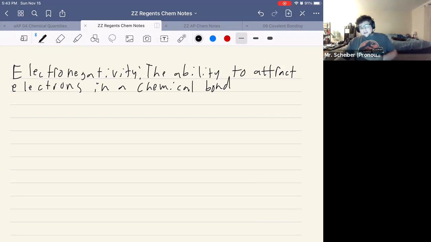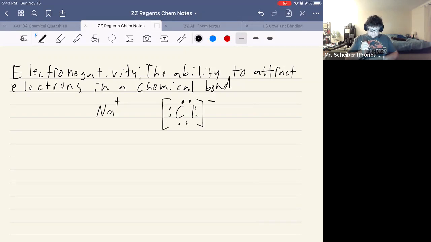And we kind of talked about it before, but I think it's more important to really talk about it now, simply because now we know what a chemical bond is. If we look at, let's say, NaCl, we know that Na is going to donate its one valence electron, and Cl is going to accept that one valence electron, right?